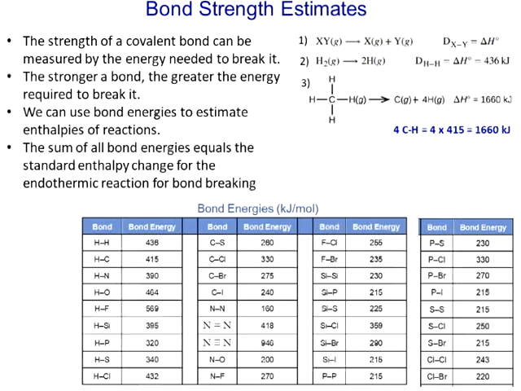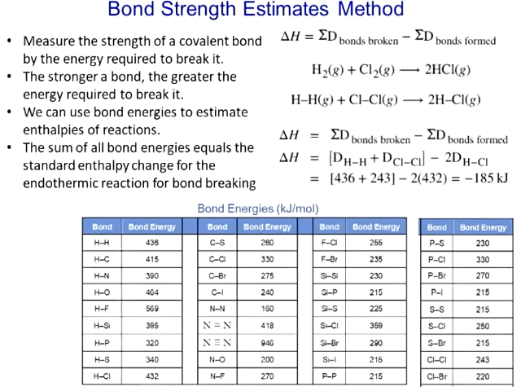We can use bond energies then to estimate enthalpies of reactions. And that is what we want to show you an example of in the next few slides. How do we estimate that energy? How do we determine the enthalpies of reactions? The sum of all bond energies equals the standard enthalpy change for the endothermic reaction for bond breaking. In other words, the delta H can be calculated or estimated based upon the sum of the bond energies.